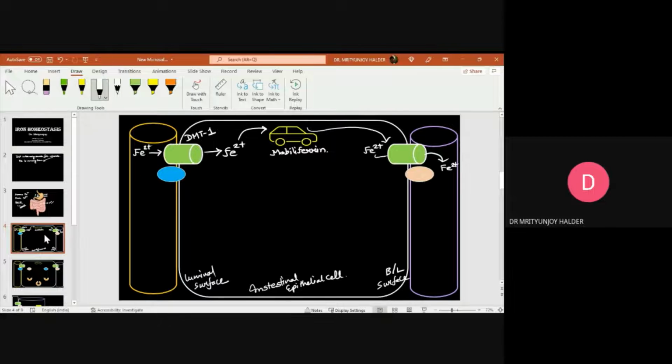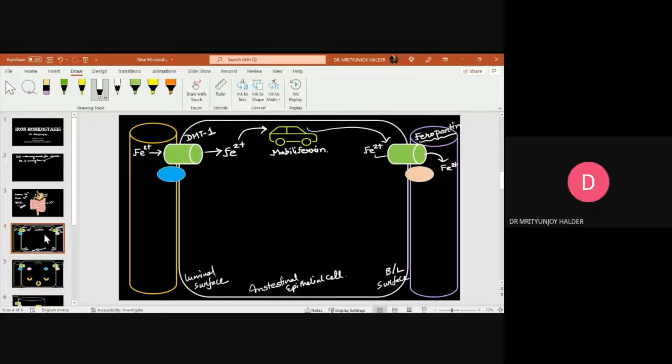The name of the second transporter is ferroportin. Ferroportin. That means with the help of this transporter, iron pours out from the intestinal cell to the blood.